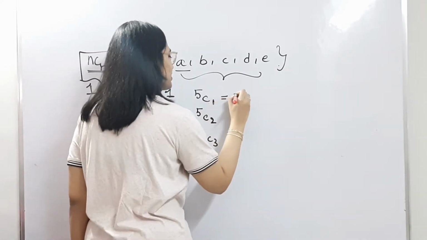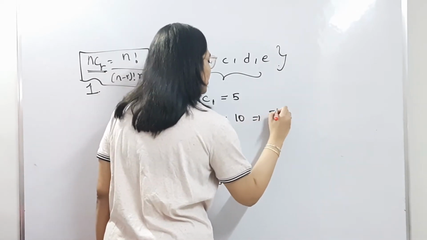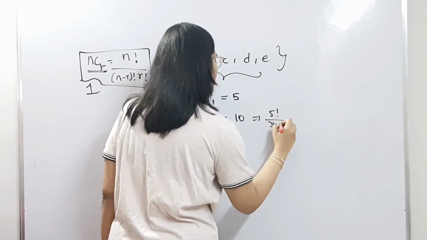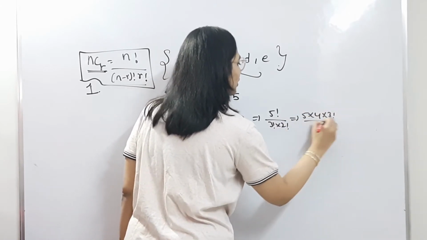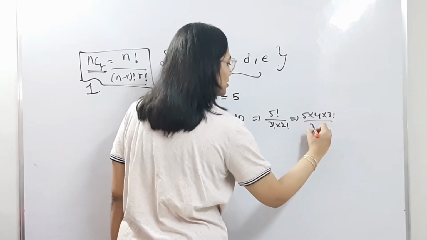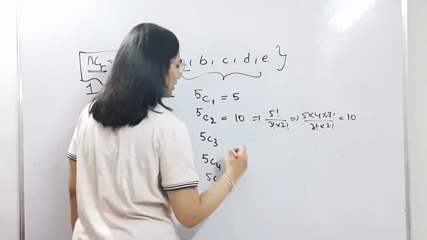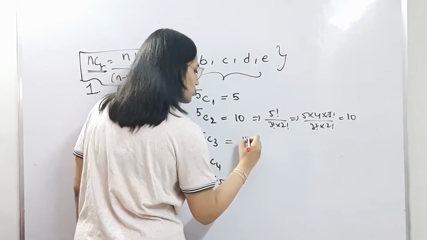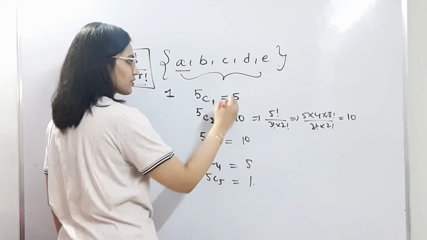So what is 5C1? 5. What is 5C2? 10. That is 5 factorial by 3 factorial into 2 factorial. We get 5 into 4 into 3 factorial. You can stop here because 3 into 2 into 1 is 3 factorial into 2 factorial. So we get 10. Then 5C3 is also 10. 5C4 is 5. 5C5 is 1. You can calculate the rest.